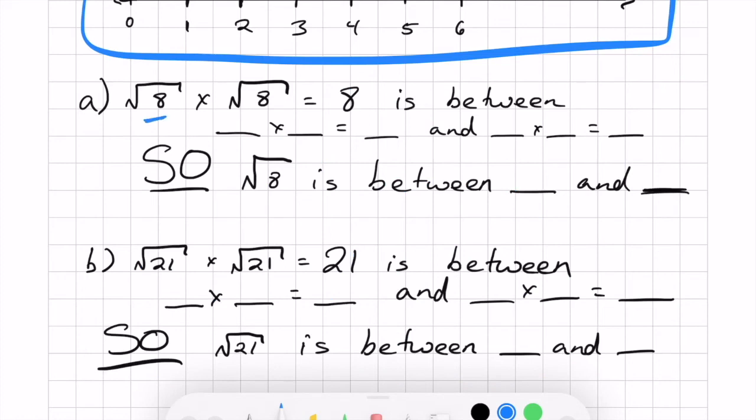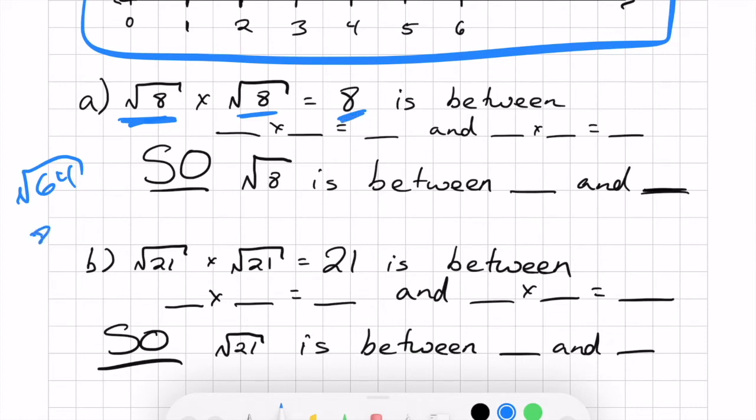If I'm looking at the square root of 8, and I'm trying to figure out where it is between, I can multiply it by the square root of 8, and that's just going to be 8. And I can prove that because the square root of 8 times 8 is 64, and then I can take the square root of that, and that's 8, right?